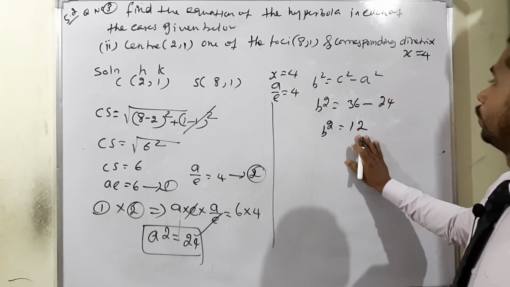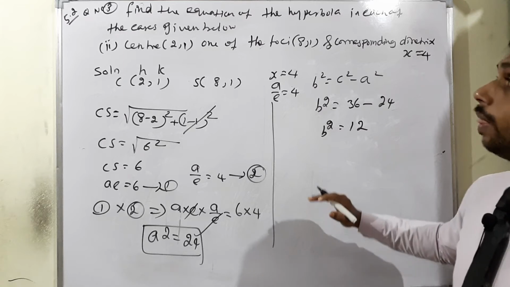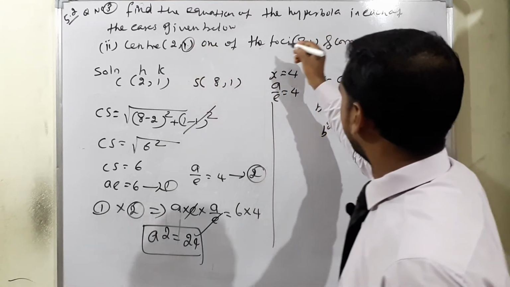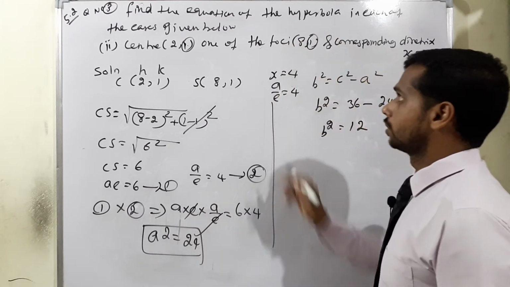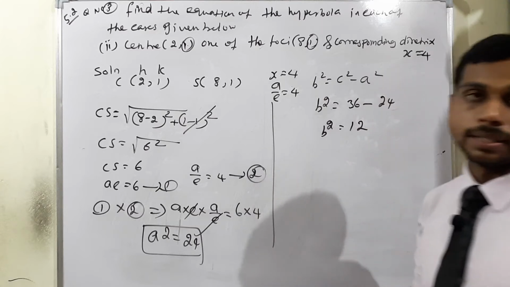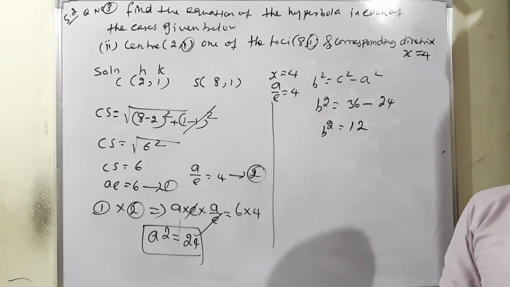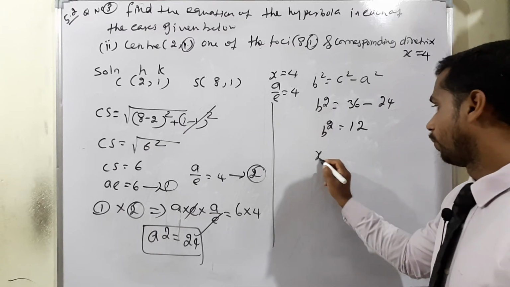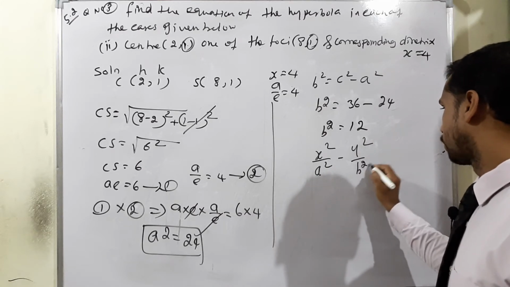Then how to apply the equation of hyperbola? Look at there, the center's y value will be 1. The focus S's y term also will be 1. So the y term will be the same, means definitely we can say the transverse axis is along the x. So the transverse axis along x means definitely we can write the positive value of x square, isn't it? Therefore we can write x square by a square minus y square by b square is equal to 1.